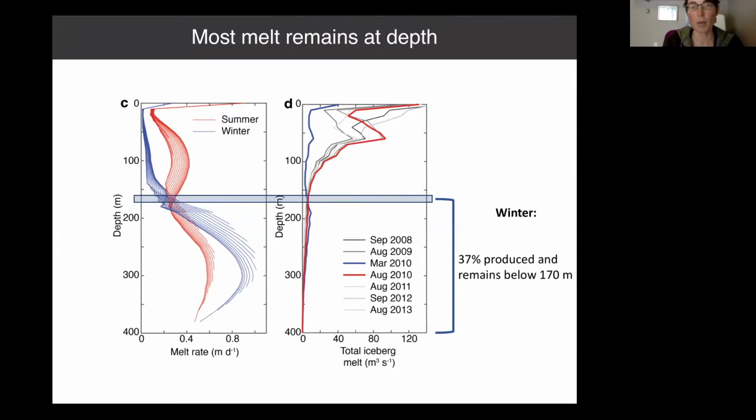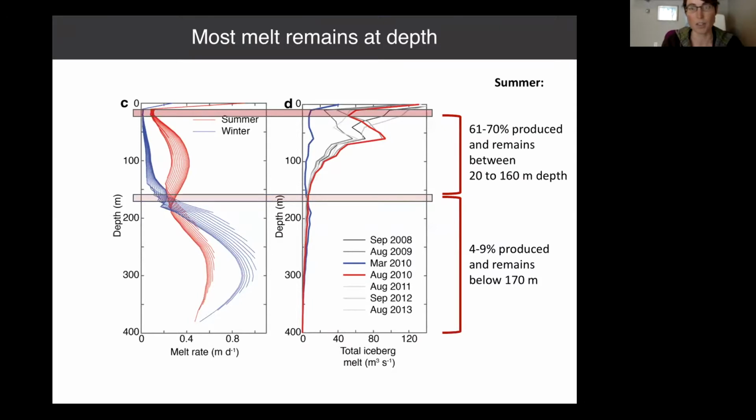In summer, we have a stratified layer there as well as closer to the surface. So in summer, about 60 to 70% of our melt is produced and likely remains in this 20 to 160 meter depth, and around 5 to 10% below this 170 meter depth.